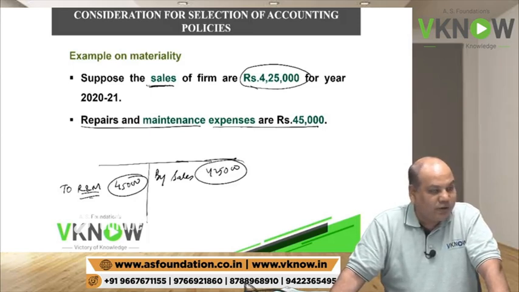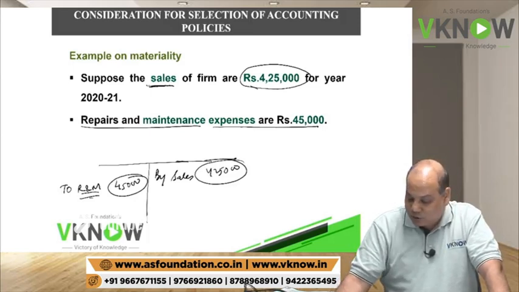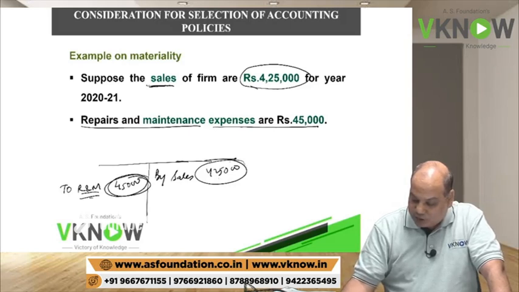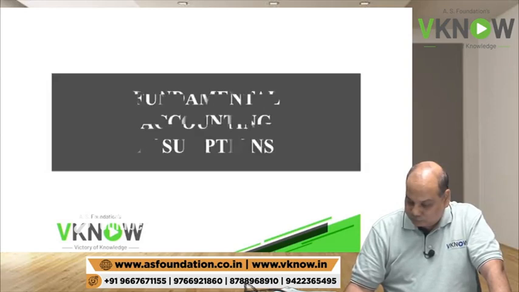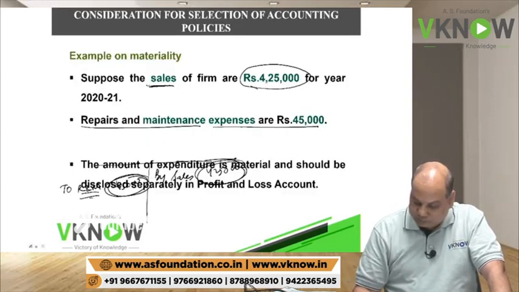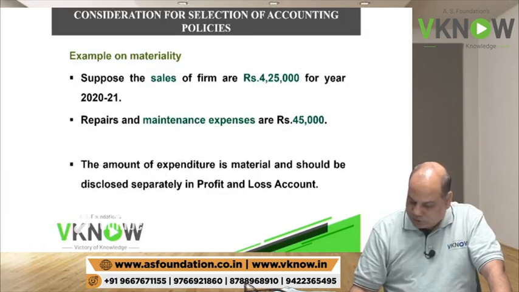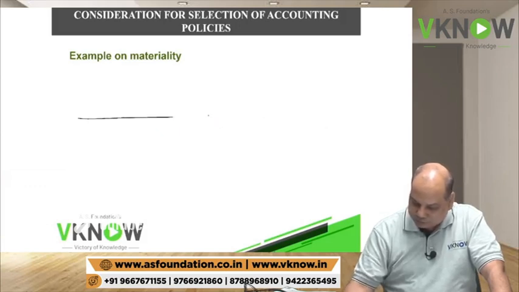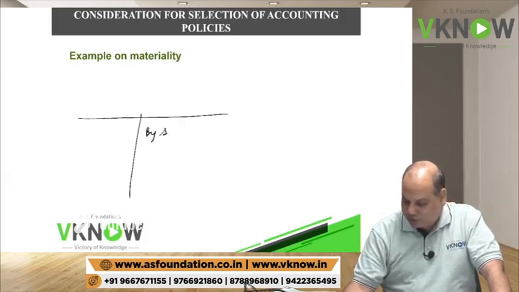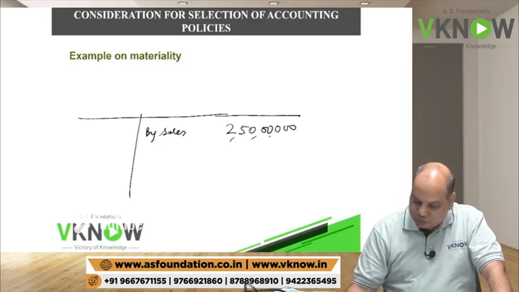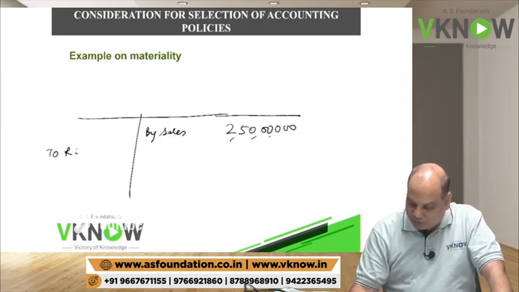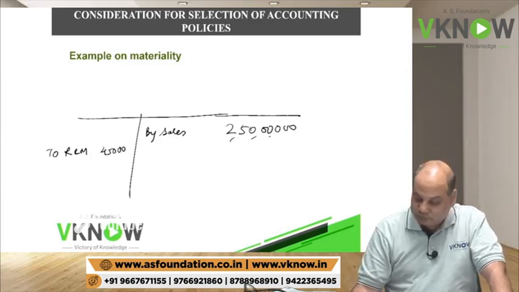Yes, it is material because it is almost 10% and more. But suppose the turnover of the company, same example, I change it: by sales 2 crore 50 lakh, and repairs and maintenance 45,000. Is it material now? Not material.